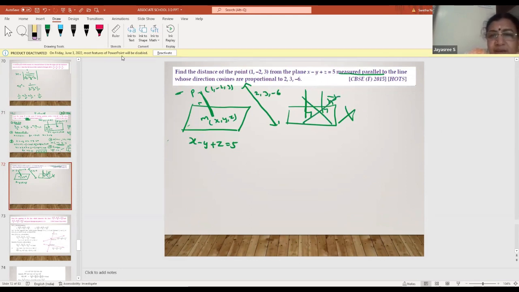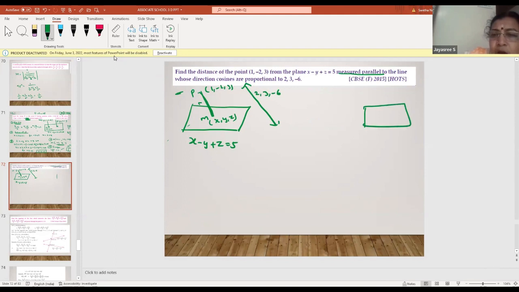They are observing the language, measured parallel to the line is coming, but the procedure is going to be the same. Instead of taking the normal direction ratios (1, minus 1, 1), the point (1, minus 2, 3) and x, y, z, the foot of perpendicular sum comes. Here, it is a parallel concept, so we can't take the normal. That thought process, we have to give it to them.